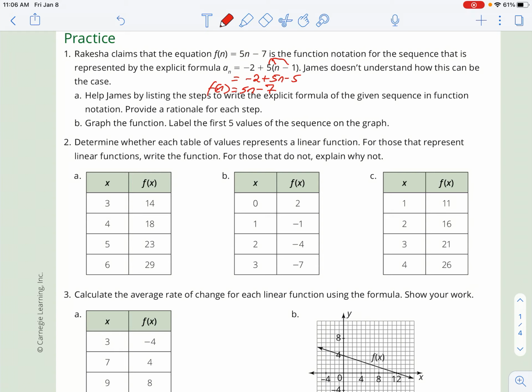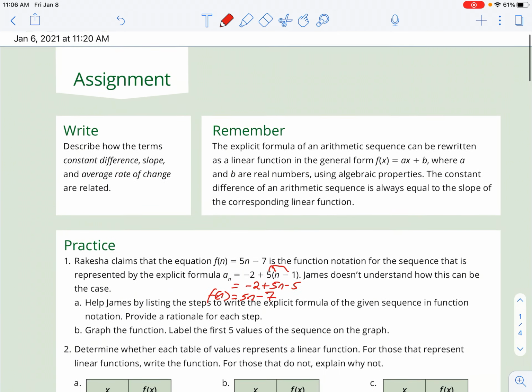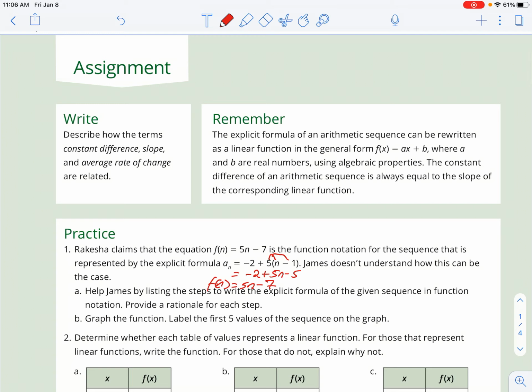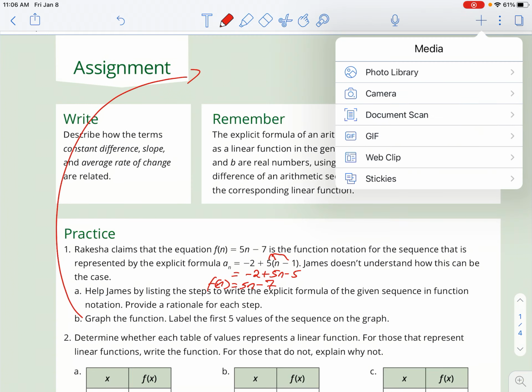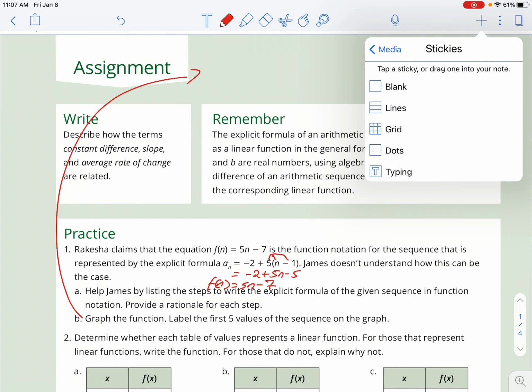Now we're going to graph the function and label the first 5 values of the sequence on the graph. Unfortunately, we don't have a lot of room, so I'm going to move the next part for part B up here and get myself maybe a graph.